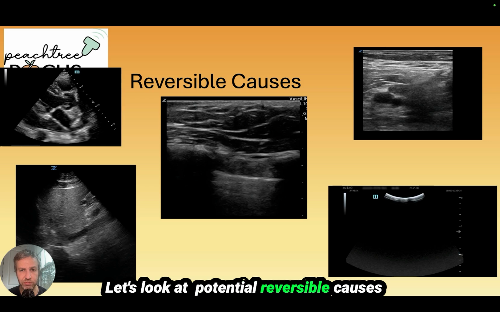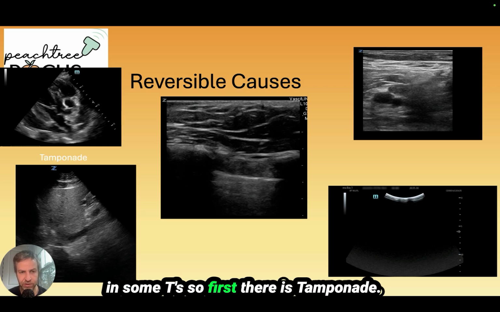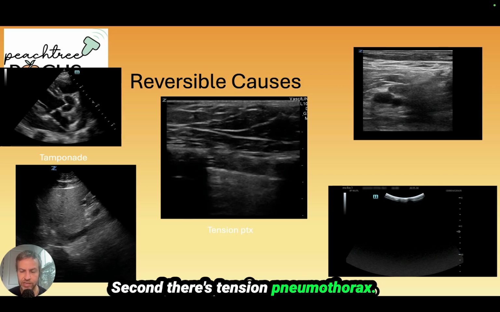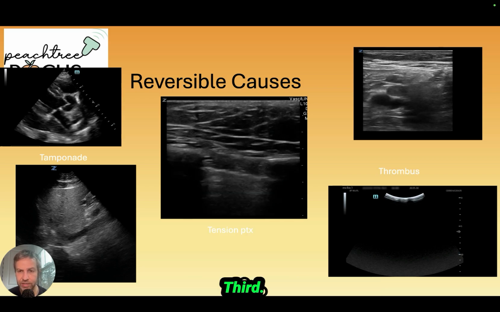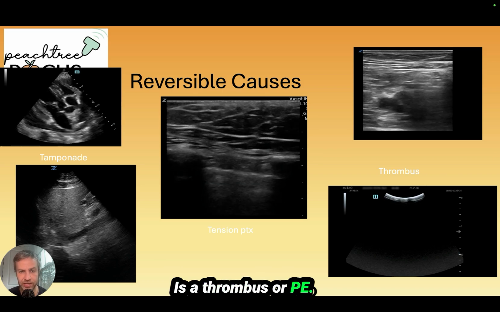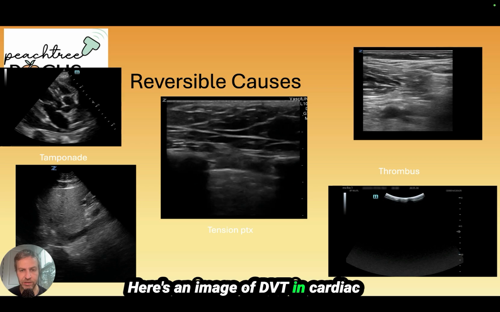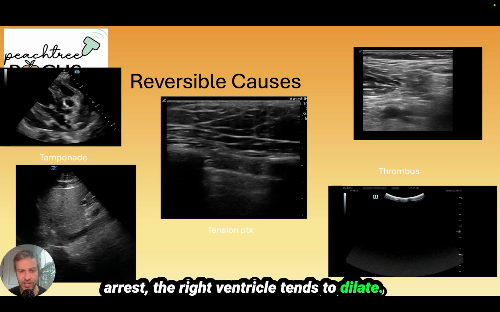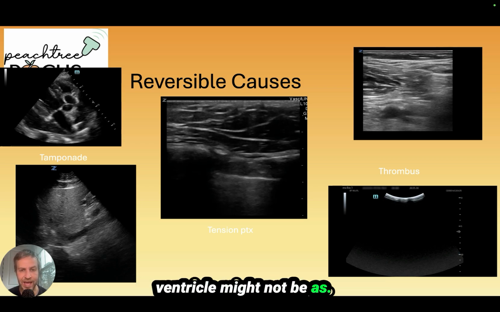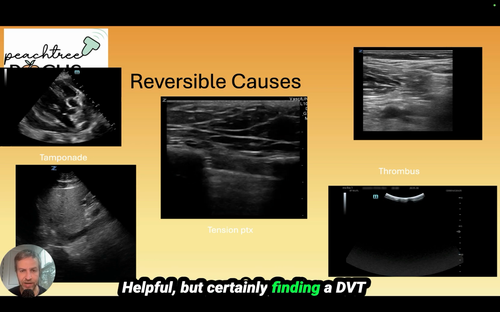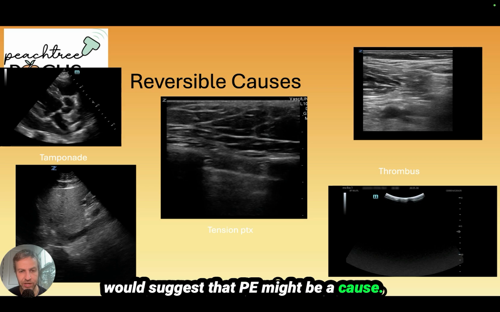Let's look at the potential reversible causes. We all know our H's and T's, and ultrasound can help in some of those H's and T's. First, there's tamponade. Second, there's tension pneumothorax. Third is thrombus or PE. Here's an image of DVT. In cardiac arrest, the right ventricle tends to dilate, so that dilated right ventricle might not be as helpful, but certainly finding a DVT would suggest that PE might be a cause.